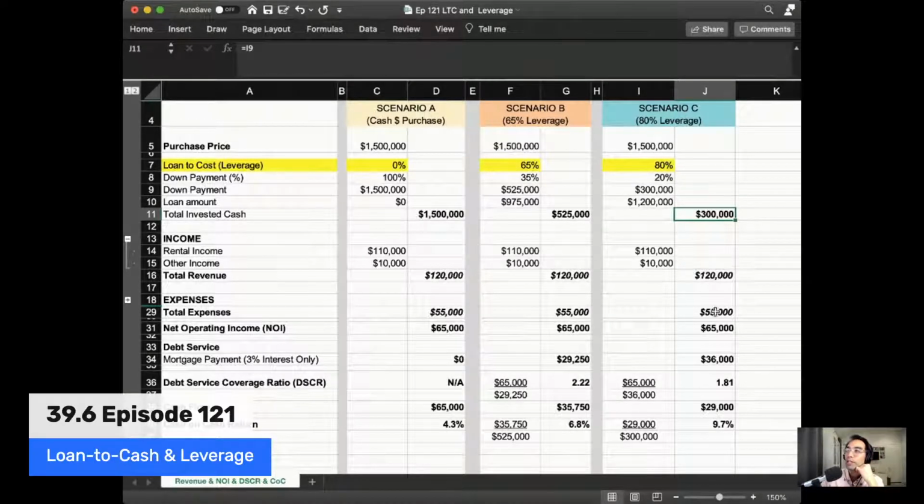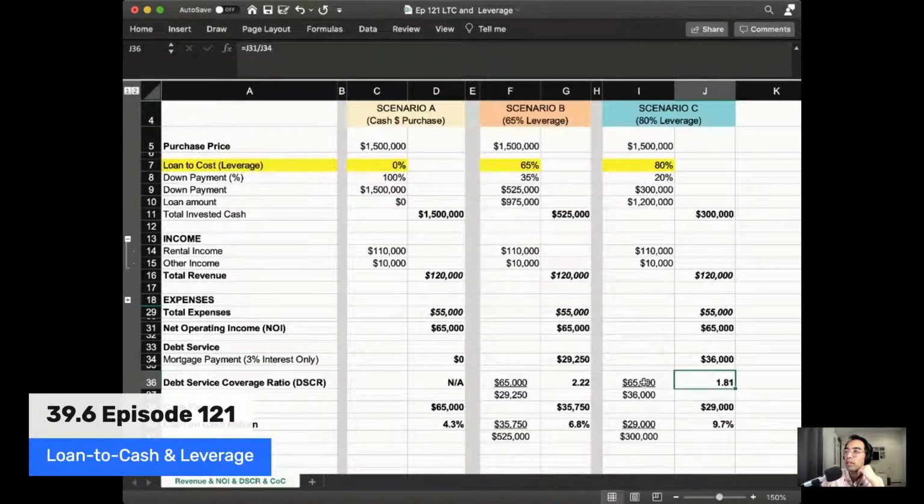Now, you have the same net operating income because net operating income is not dependent on your loan payment at all. You then take your loan payment of $36,000 and subtract that from your net operating income, and that gives you a net cash flow of $29,000. Your debt service coverage ratio is $65,000 net operating income divided by $36,000 of debt, which is 1.81.